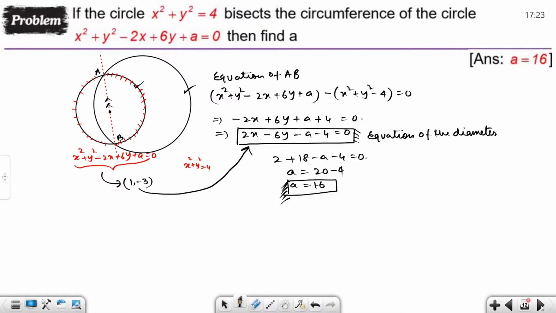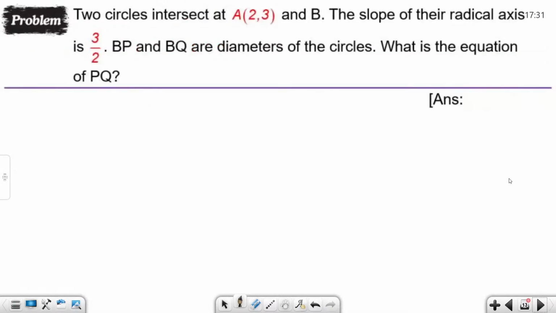The question is, two circles intersect at A and B. Let me draw the diagram. If you draw the diagram, your 80% work is over. So these are my two circles which intersect at A and B. Coordinate of A is (2, 3).